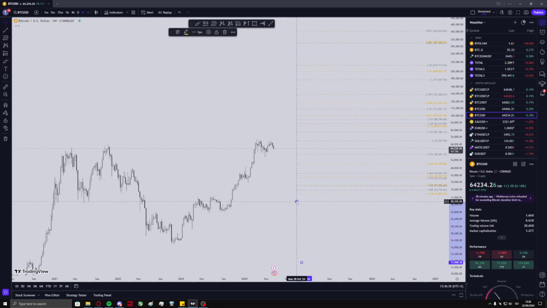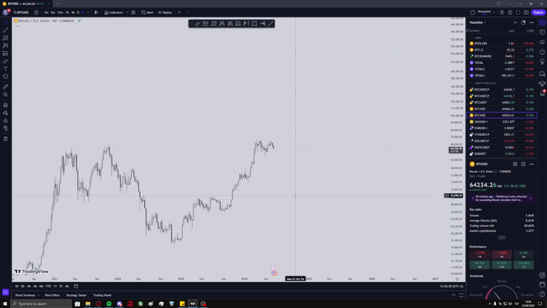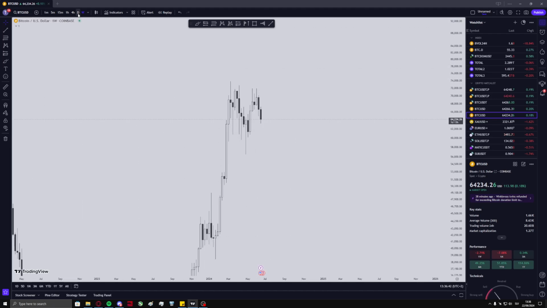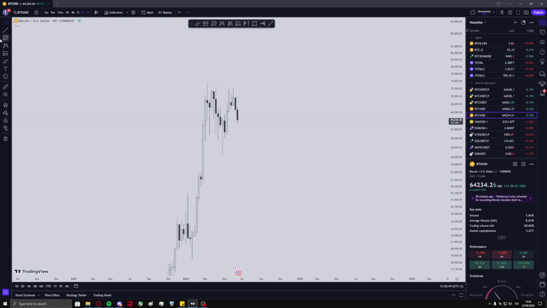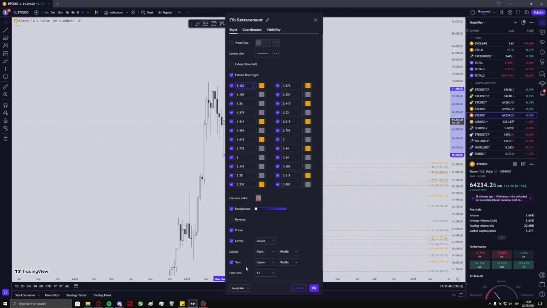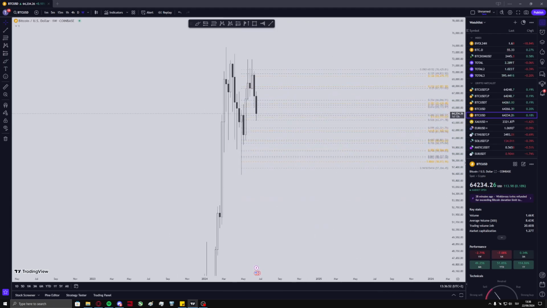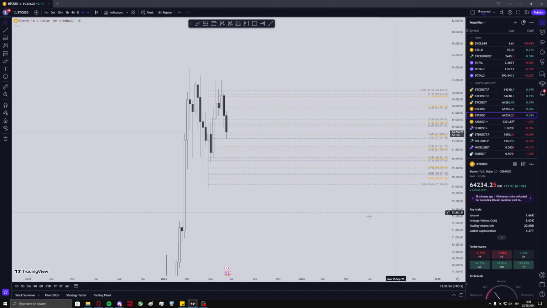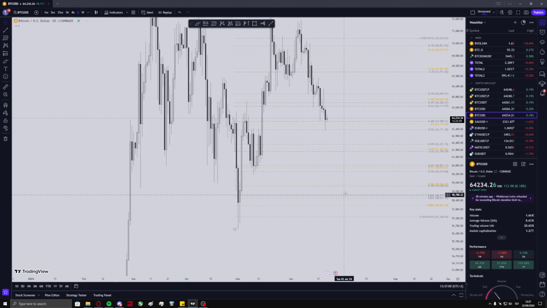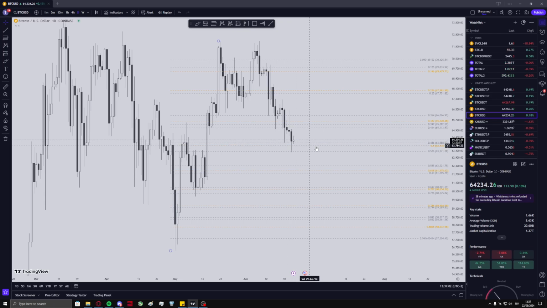How you use an extension is, let's say, for example, we are on BTC here. You're pulling your fib like this. You're searching for a retracement, right? And you can clearly see we are currently sitting on the 0.5 fib, right? In this area.